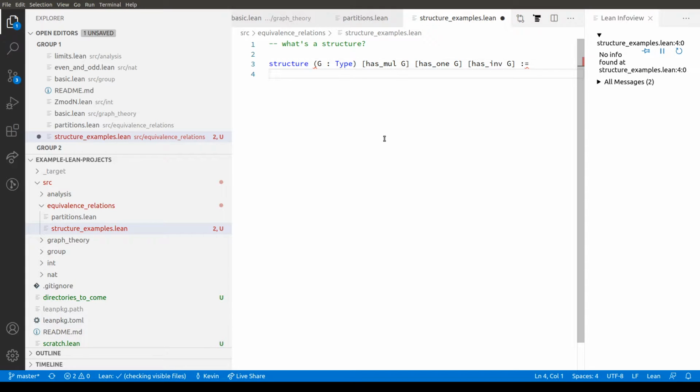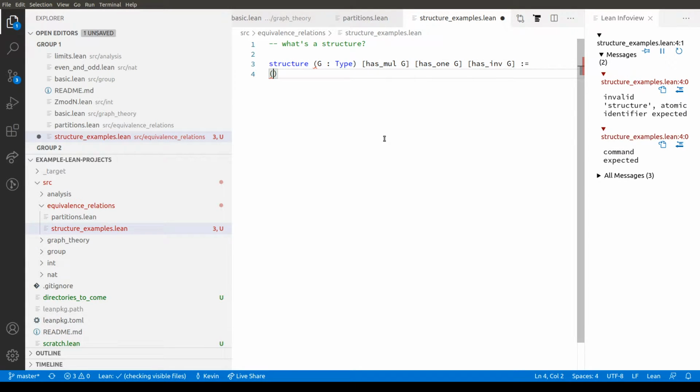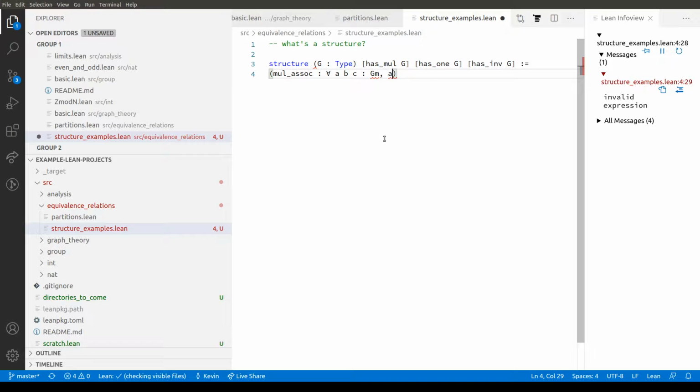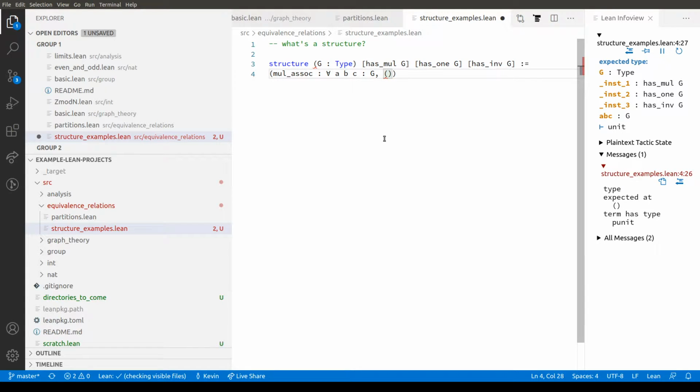And so now I could make the structure of a group on G, and that would be writing down the axioms. Mul_assoc says for all a, b, and c in G, a times b times c equals a times b times c.